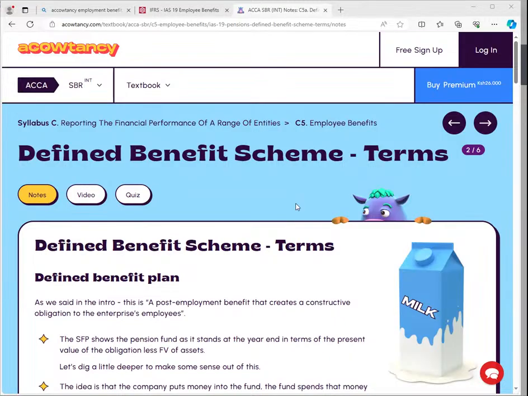Now, ladies and gentlemen, I would want to take this opportunity to introduce what we call defined benefit schemes. When your pension is defined, what happens? And I want to imagine that you have written there that this is what we call IAS 19, employee benefits.